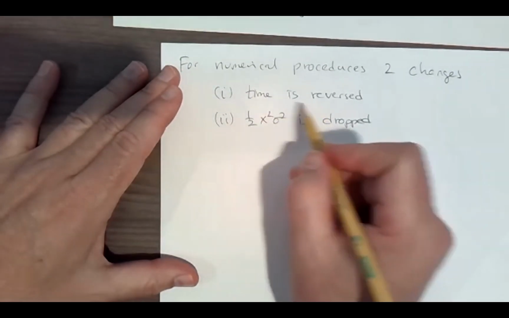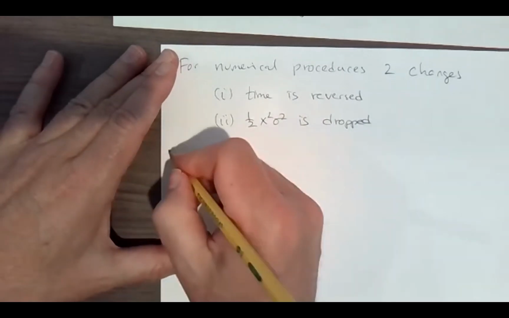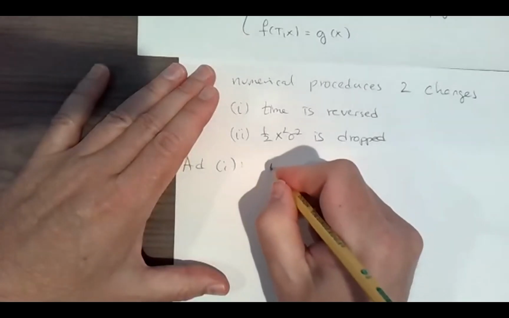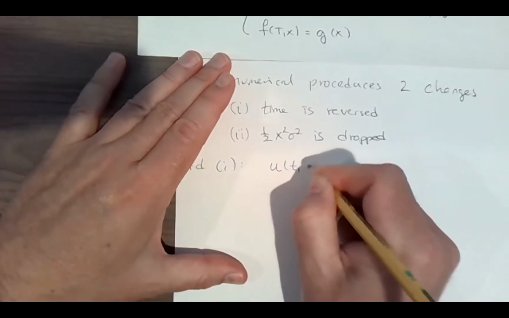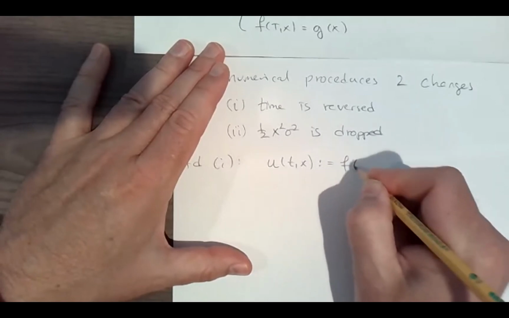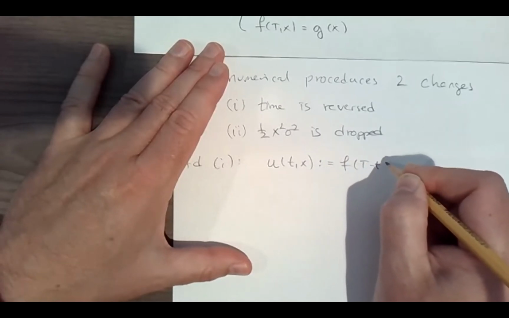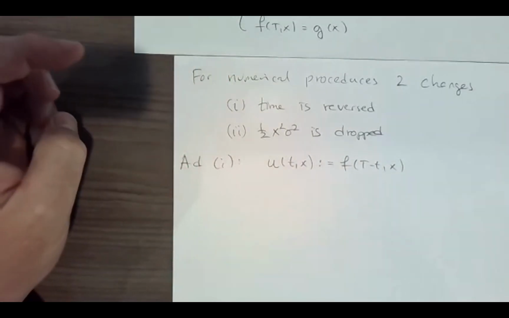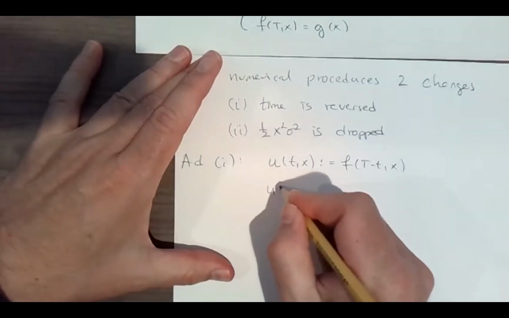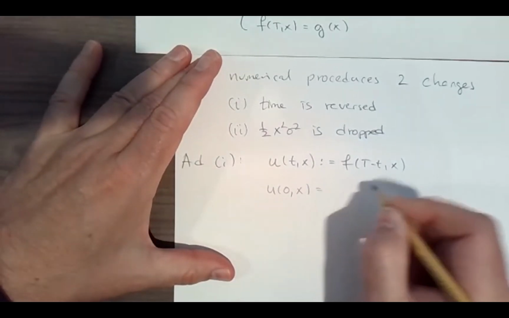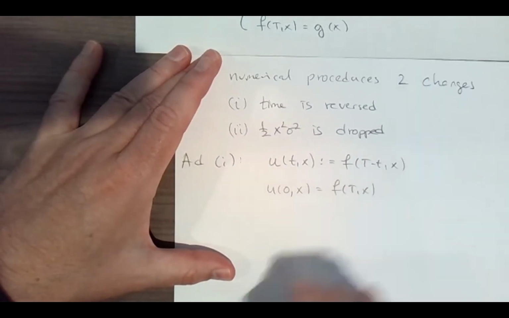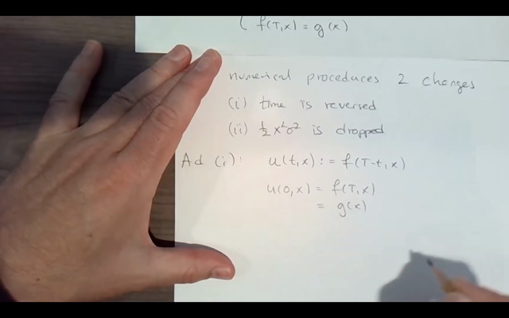So let me just show you briefly how you can reverse time. If I look at u(t,x), if I define that to be f(T minus t, x), so I'll reverse time here, then I'll have that u at 0 is exactly f at the end, which is my g of x.